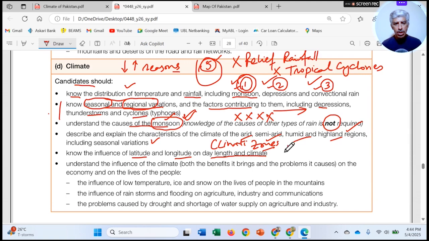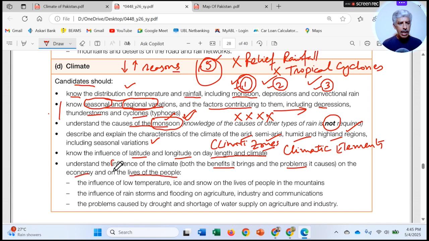So this is talking about the climatic elements. We will discuss them today as well. Just after discussing this syllabus content, I will move to the climatic zones and climatic elements. Understand the influence of the climate, both the benefits it brings and the problems it causes on the economy and the lives of the people.